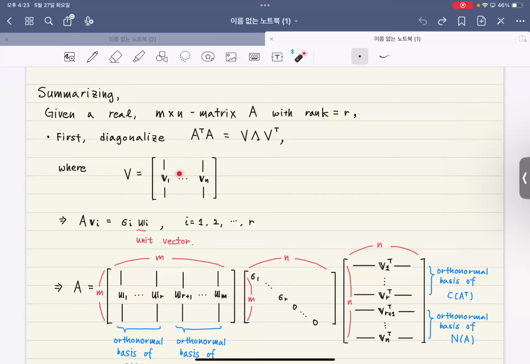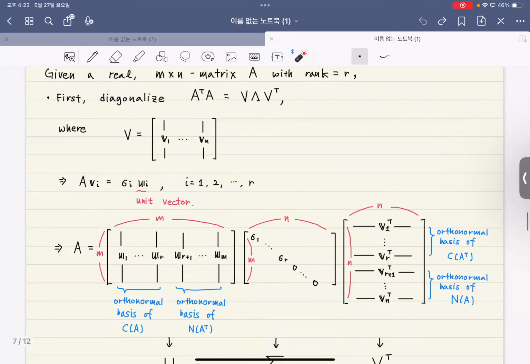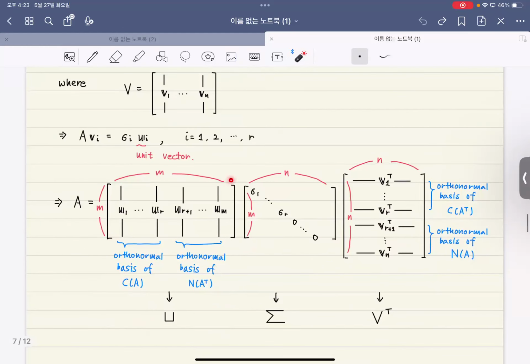For the first r vectors, we have A times Vi equals Ui times sigma i, and Ui is a unit vector. These vectors are going to be the first r vectors of your matrix U, right? So this is m by m, this is m by n, this is n by n. The first r vectors obtained by this relation go here.